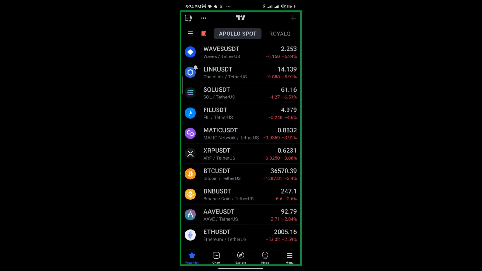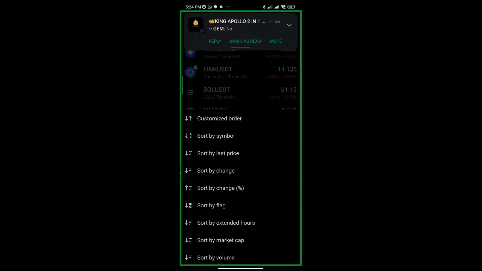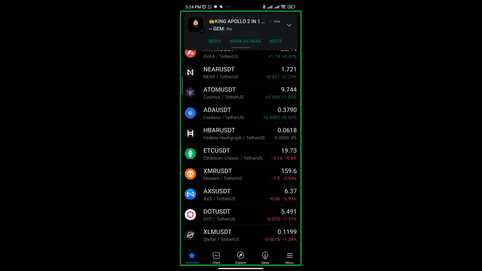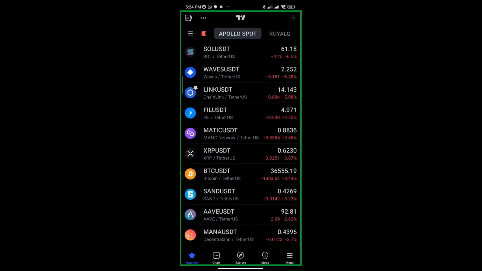Then what I do is sort. I want to see the lowest performing coin. Let me just see where I can hop in from. So just do a little bit of analysis. Okay, let me sort by percentage. What it's telling me is that Solana is coming down, Waves is coming down, Field is coming down.